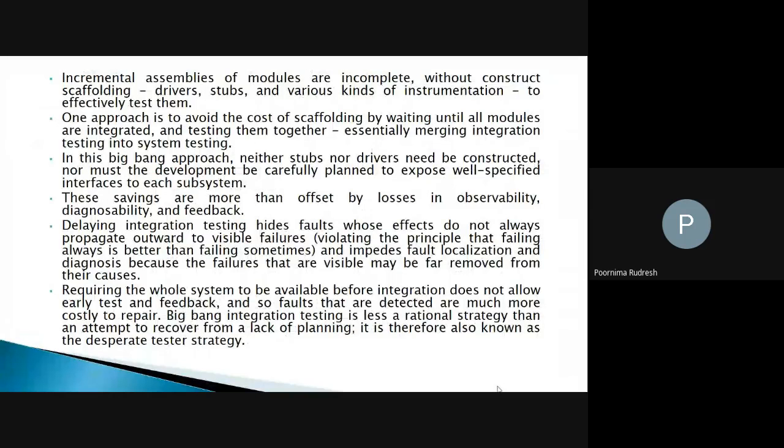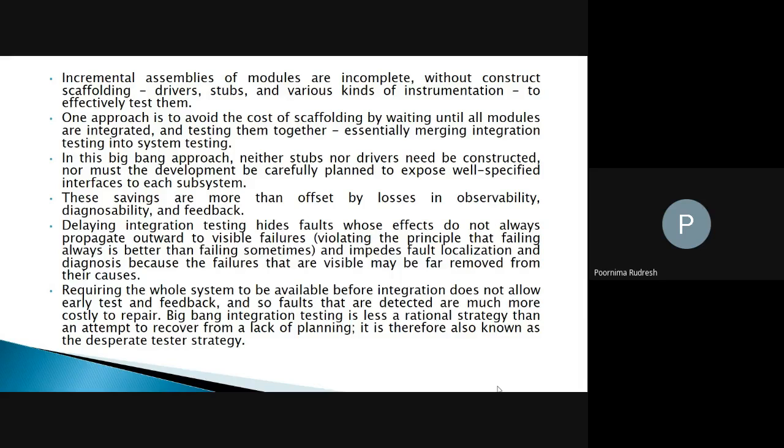In order to avoid the cost, what we can do is wait until all the modules are integrated, and then finally test the system at last. That approach is called the Big Bang approach. In the Big Bang approach, we are not testing each module in turn. We wait until all the modules are integrated. Once all modules are integrated, we test them together and check whether any faults are there or not.